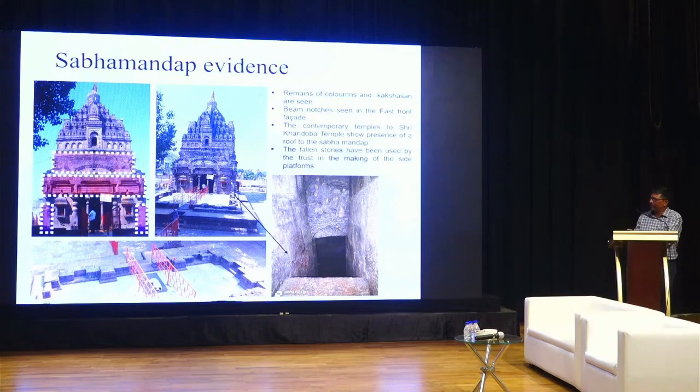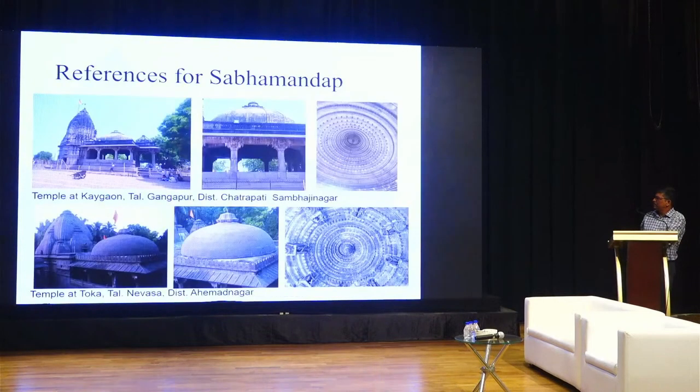So it cannot be a Navrang Vitan as in Grushneshwar. These are the reference images which we studied, one temple at Kaigao and another at Toka in Nevasa, which are 35 kilometers away from this site.